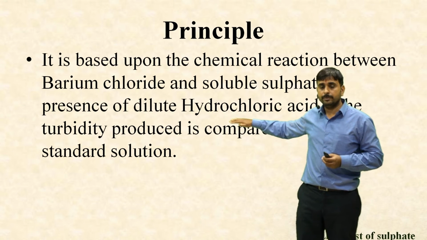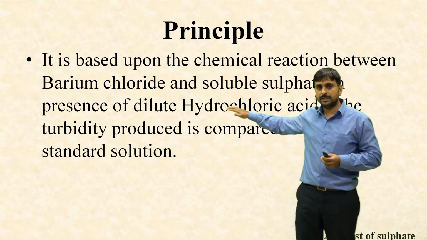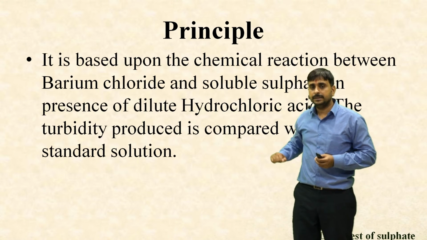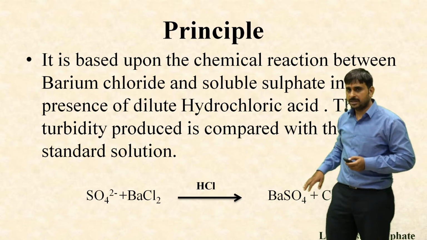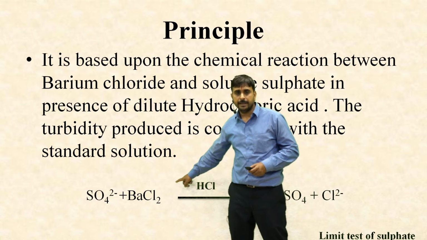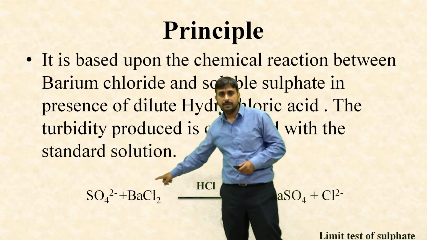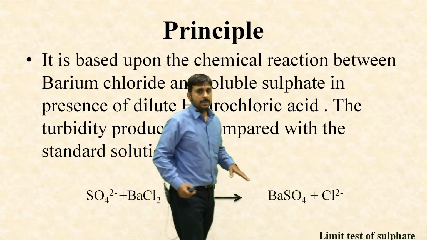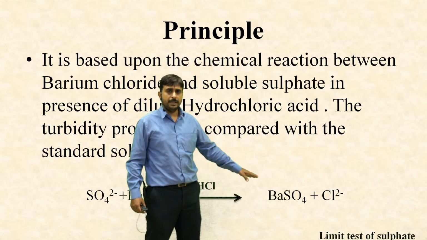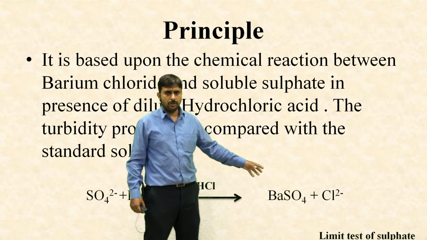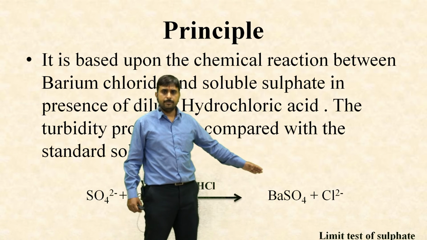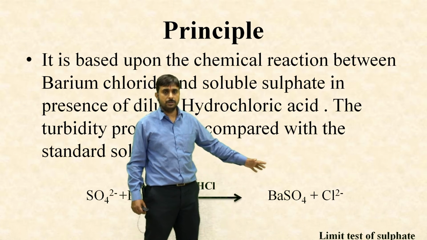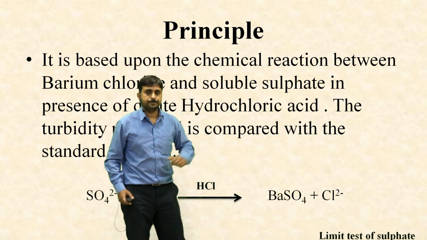Barium chloride, when it reacts with soluble sulfate in presence of HCl, gives barium sulfate, which is insoluble in water and forms turbidity or opalescence. That is compared with the standard one. So, we will compare the turbidity of barium sulfate in the test solution and in the standard solution.